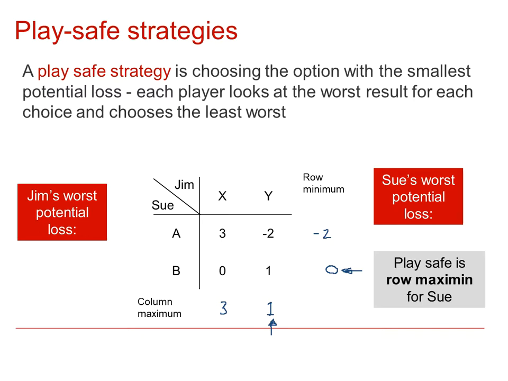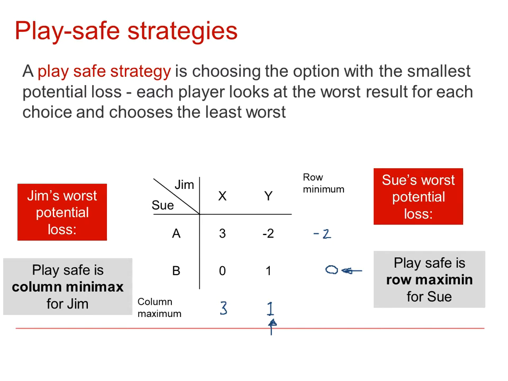So the play safe strategy is going to be the row maximin for player 1, or Sue in this case, and the column minimax for player 2. And that's because, as I say, the values in the payoff matrix are given from Sue's perspective.